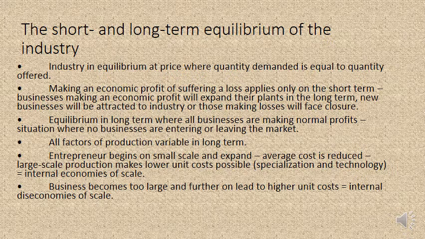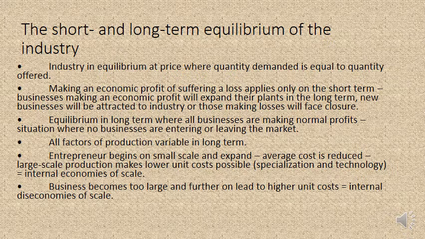Up to 100,000 products, that business is going to be experiencing economies of scale, so the unit costs are going to decrease. Once they get to 100,000 products, they're going to have to either expand that factory, buy new machinery, etc., and then it's going to lead to diseconomies of scale. It's going to become more expensive to produce. And so that pattern will continue throughout time.